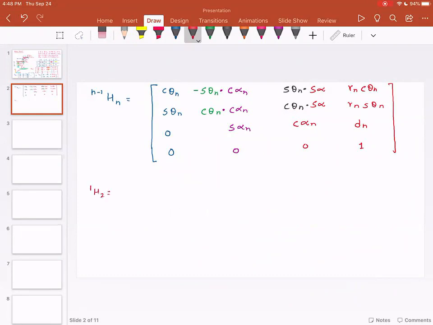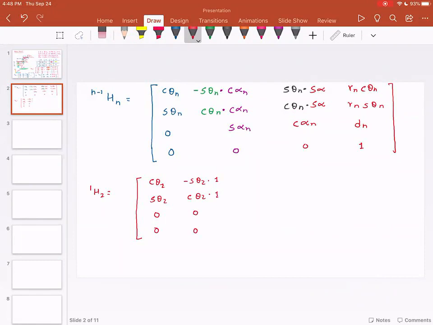For sake of completion, let me find out 1h2. For 1h2, look at the second row. You will have cosine theta 2, sine theta 2, 0, 0. You will have minus sine theta 2, cosine theta 2. Now please note, alpha value here is 0. So you will have 1, 1, 0, 0.